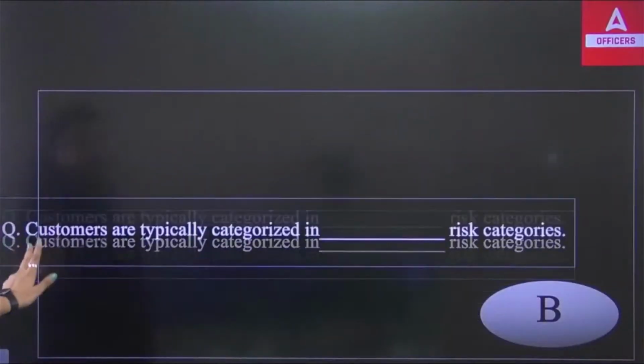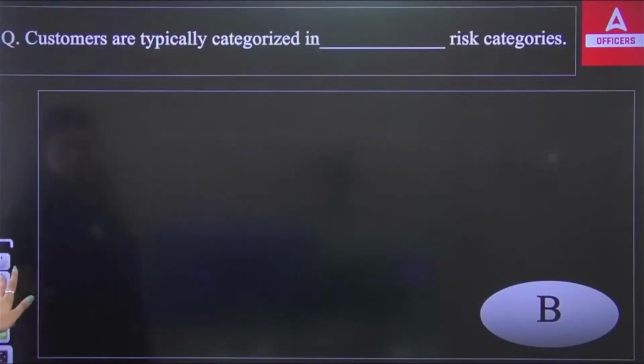So this is your first question. The customers are typically categorized in dash risk category. The question is asking how many risk categories have been defined.